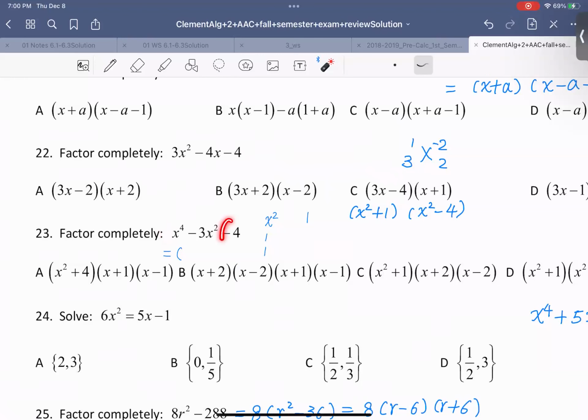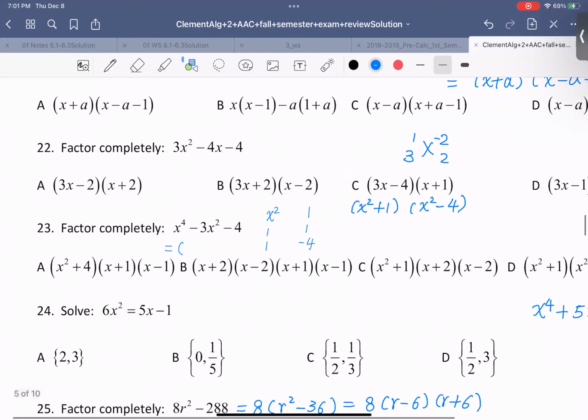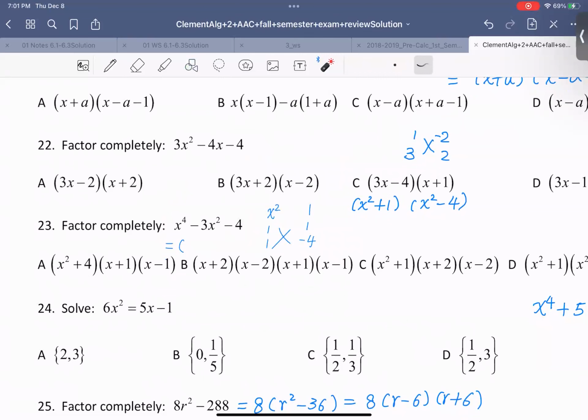Yes. Negative 4 is 1 by negative 4, correct? Yeah. So in that way, you have a negative 4 plus 1, which is negative 3. So this means x squared plus 1 times x squared minus 4. Yes.